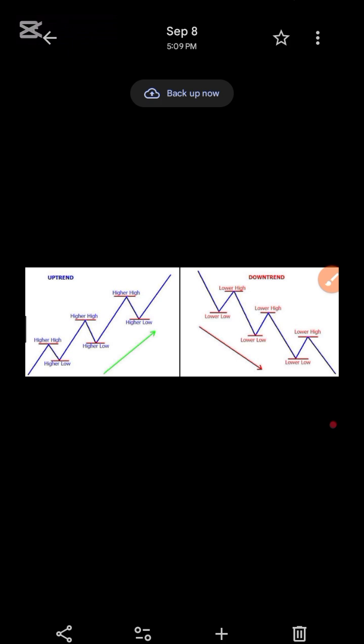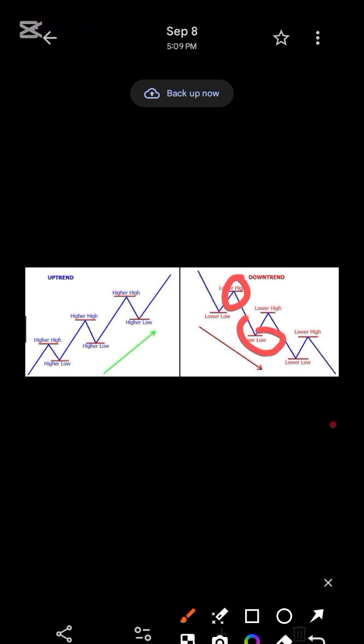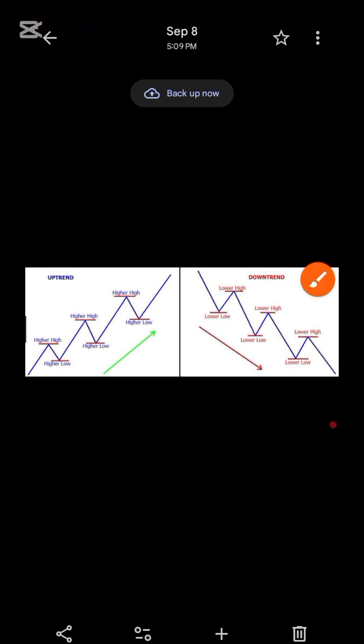The downtrend, you see something like the lower highs and the lower lows. Those are the things you will see when you see the market trend. You see lower lows and lower highs, which means that the market is going down, the market is going low, but is experiencing some tweaks, which implies that the market is going towards the low, but the low comprises the lower highs, and then the lower lows.